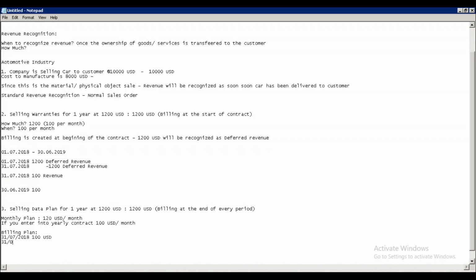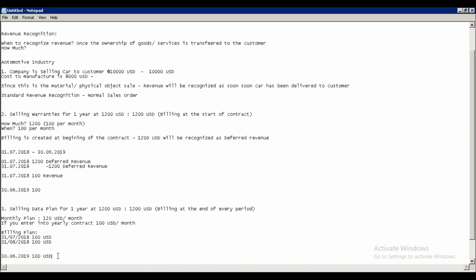Again on 31st of August 2018, the system will bill another 100 USD. This will continue till 30th of June 2019. So every month the system will generate the invoice, and revenue will be recognized as soon as the billing document is created. So in this scenario, as you can see, it will not generate any kind of deferred revenue.